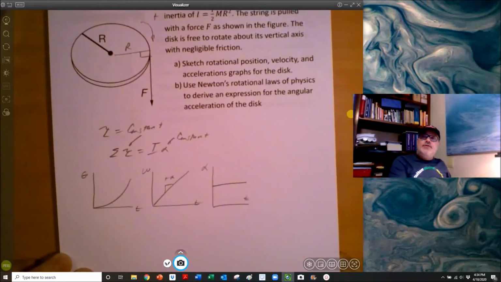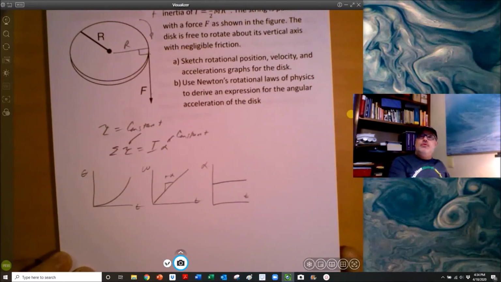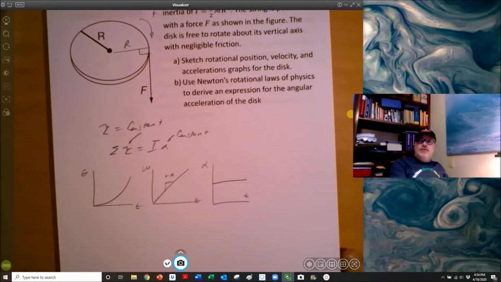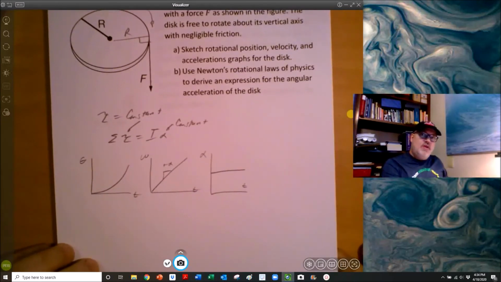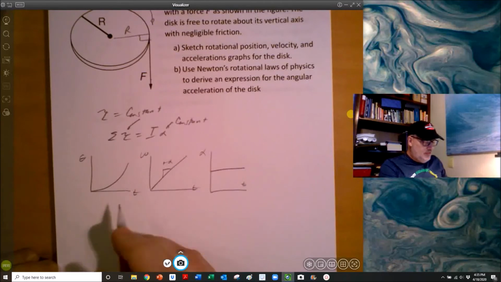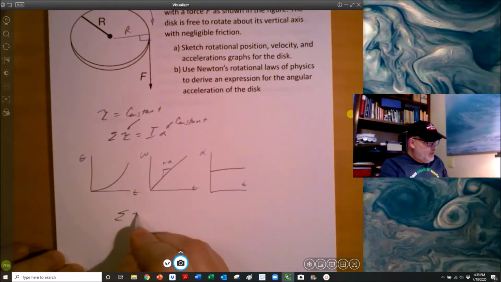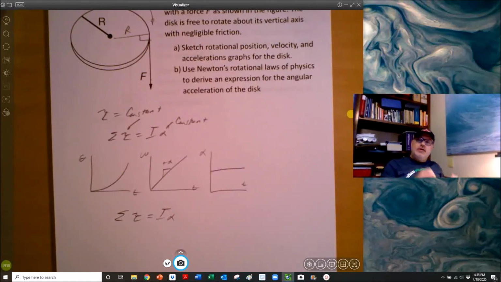Part B says use Newton's rotational laws of physics to derive an expression for the angular acceleration of the disk. So we're moving a little bit past kinematics, but that's okay. So the sum of the torques equals I alpha. That's Newton's law, the rotational equivalent of the translational Newton's second law.